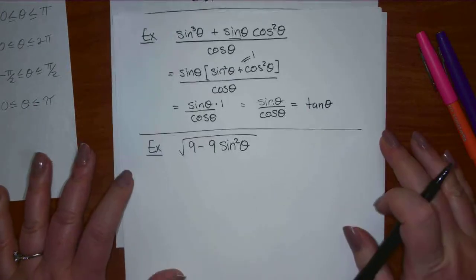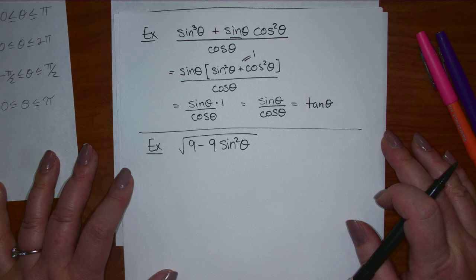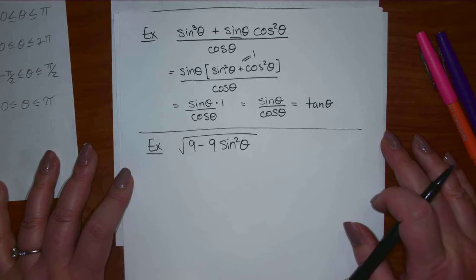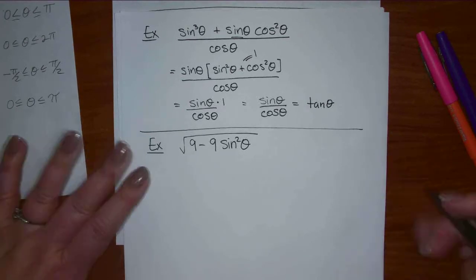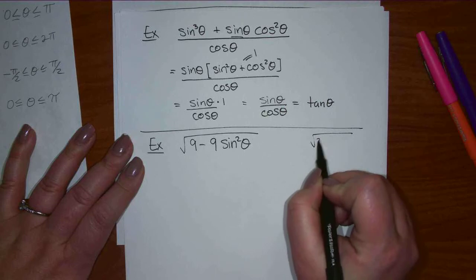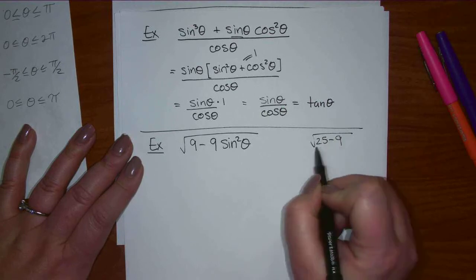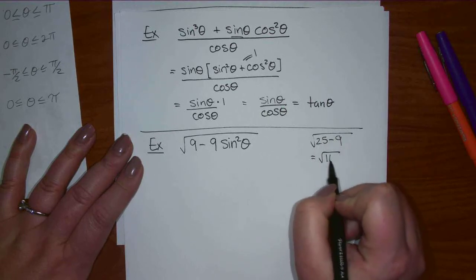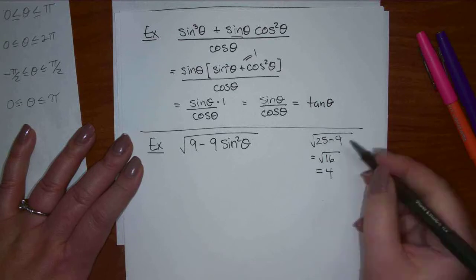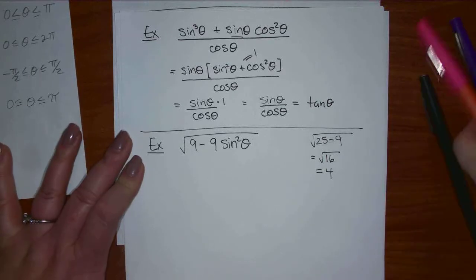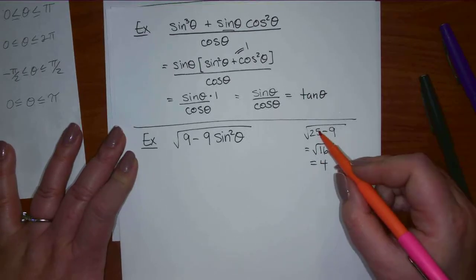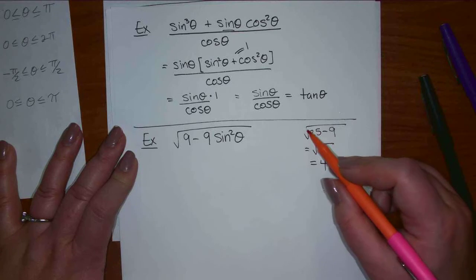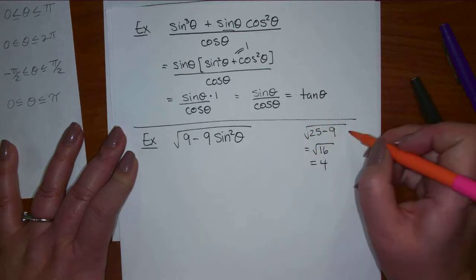Square root of 25 minus 9. Now, I did this so many times. This is equal to the square root of 16, which is 4. What can you not do here that people mess up by mistake? Split them up. And when are you allowed to split up a square root?